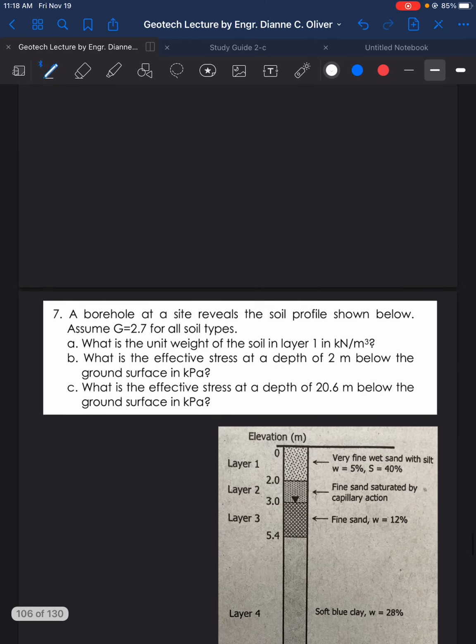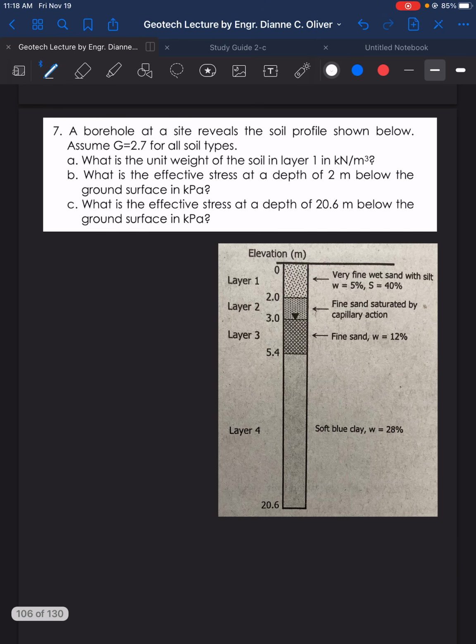So that's for number 6. Let's go to number 7. A borehole at a site reveals the soil profiles shown below. So they dug, they inserted the tube, and then they were able to obtain the soil profile up to 20.6 meters. So it is 20.6 meter depth of hole.